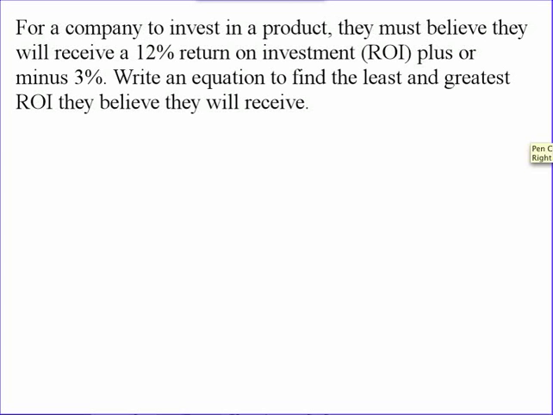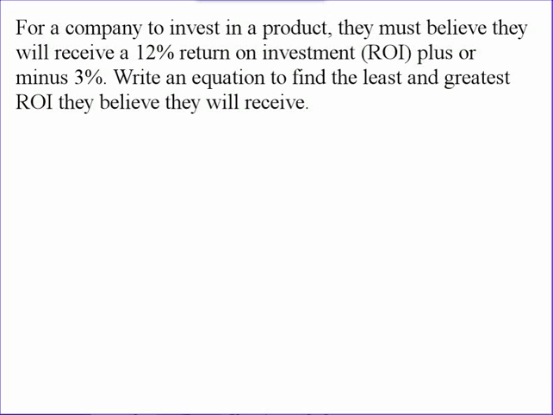Okay, so now let's go ahead and look at this problem here real quick. It says, for a company to invest in a product, they must believe they will receive a 12% return on investment, plus or minus 3%. Write an equation to find the least and the greatest ROI they believe they will receive.